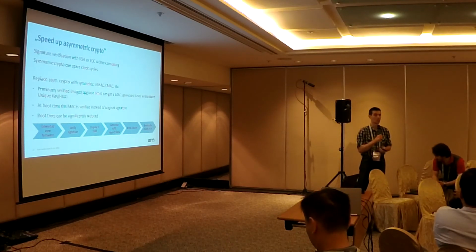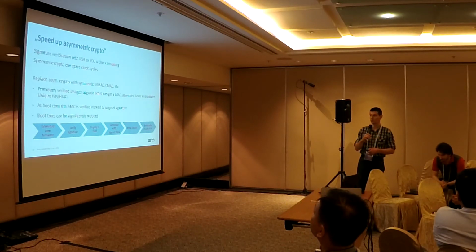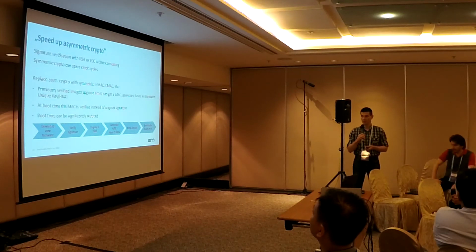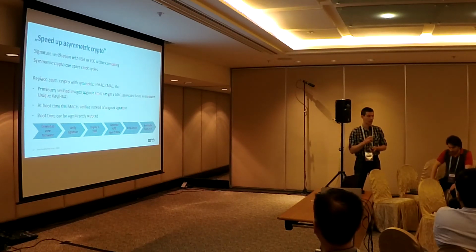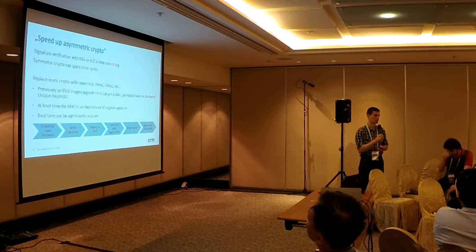One trick can be to replace the asymmetric cryptography with symmetric cryptography, or even with hash calculation. This can be done using the HMAC or the CMAC solution. This works in a way that your upgrade client downloads the image, which still has the digital signature.